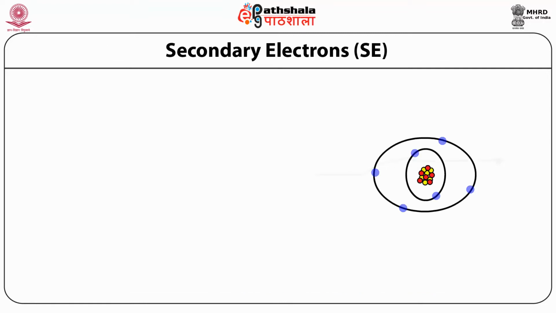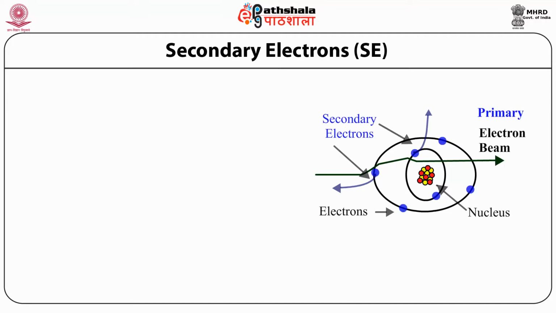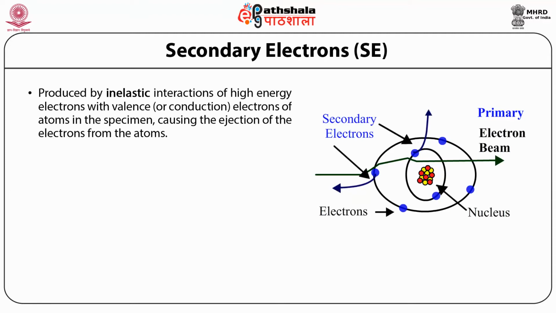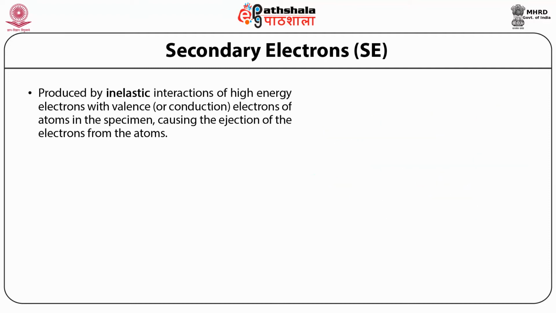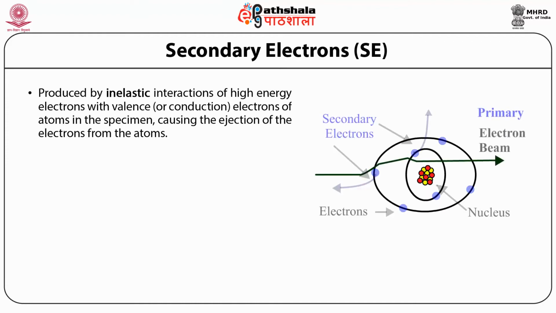Now let us discuss the secondary electrons. This figure shows how the secondary electrons are produced. Secondary electrons are produced by inelastic interactions of high energy electrons with the valence or conduction electrons of the atoms in the specimen, causing the ejection of the electrons from the atoms.